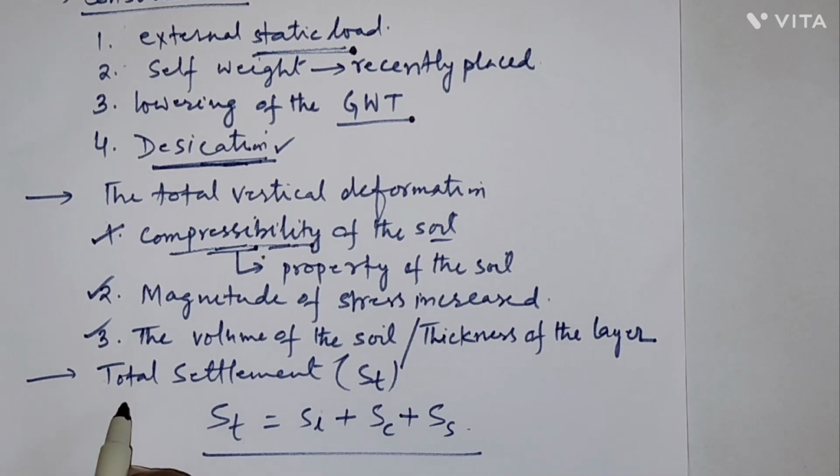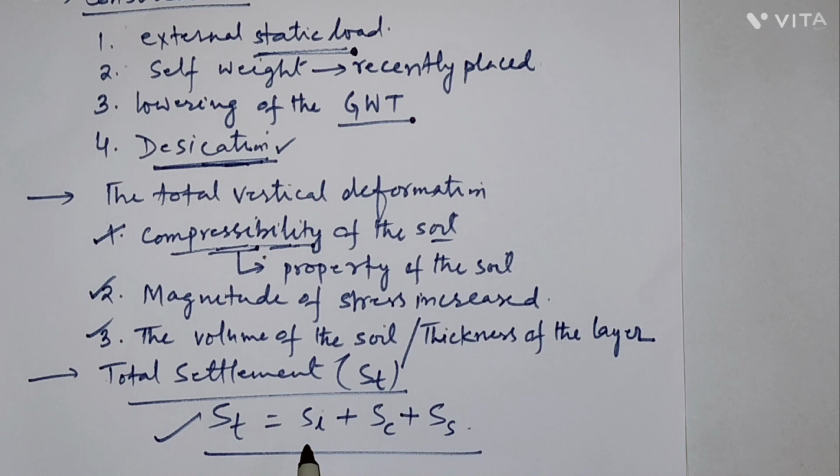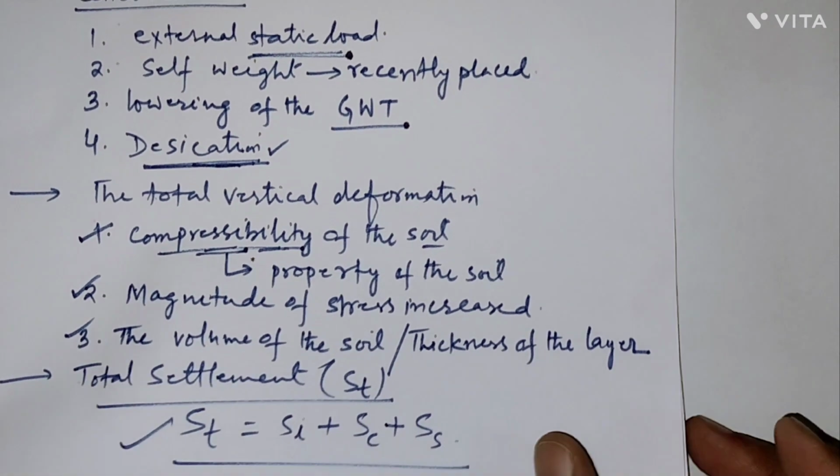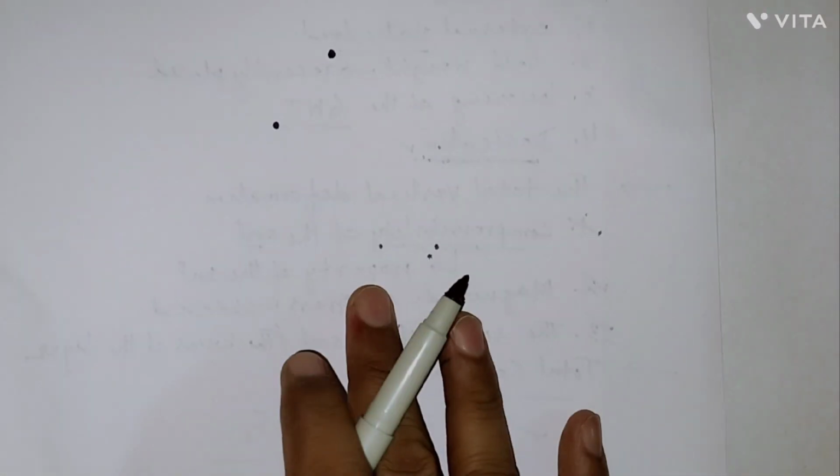So total settlement of the soil is the sum of all these three deformations. Now we will learn the meaning of immediate settlement and primary consolidation and secondary consolidation.